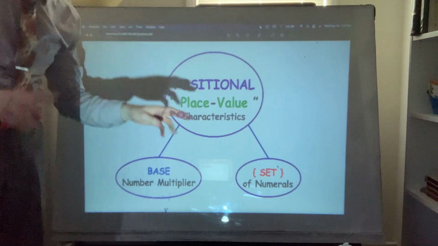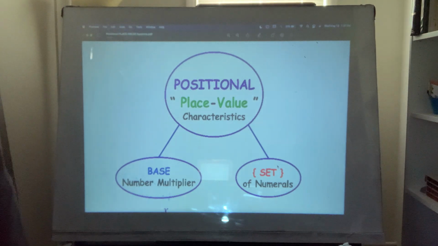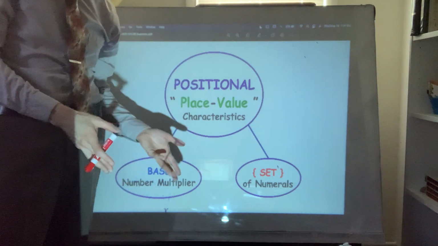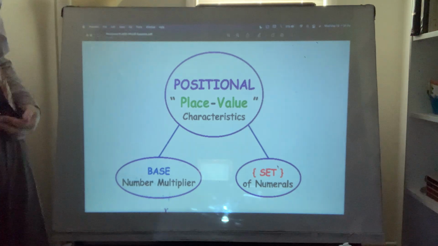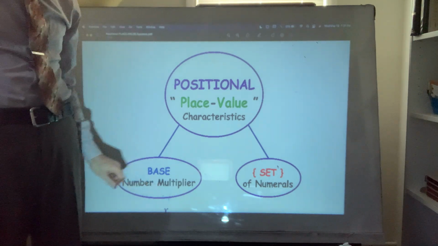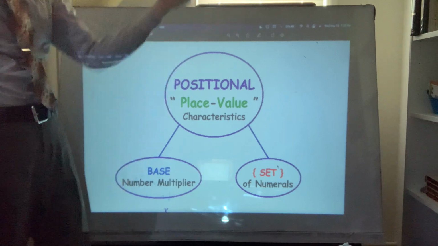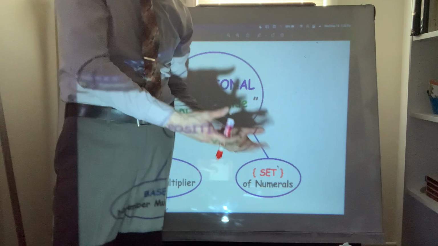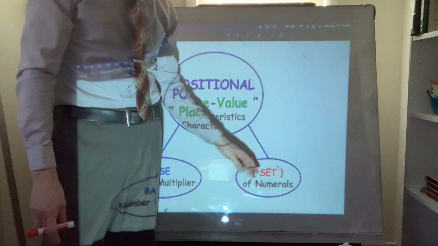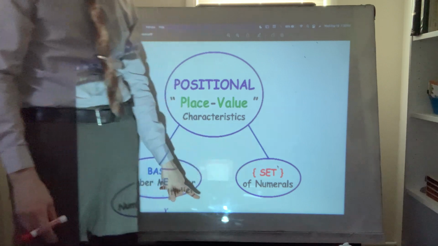We, using the Hindu-Arabic system, use a decimal system, which means that we are base 10. We don't really dwell upon it too much, but that is an alternative perspective of it. Anyhow, there's a base number that is essentially a multiplier, right, and is consistently the same base. And then there's a set of numerals that you're allowed to write with, right? These are the parts in the box that you have to work with and nothing more, right?